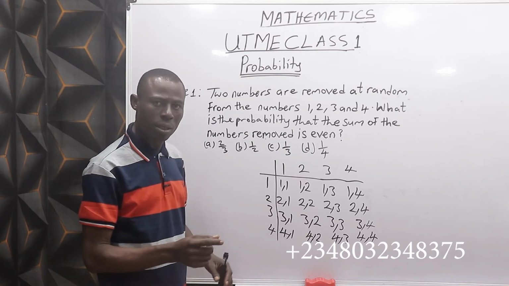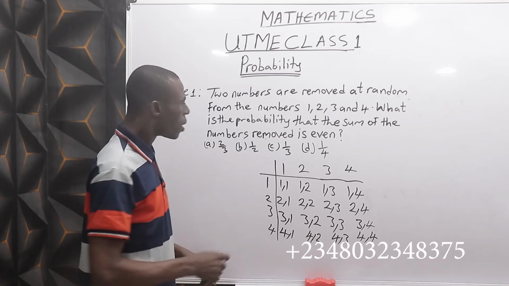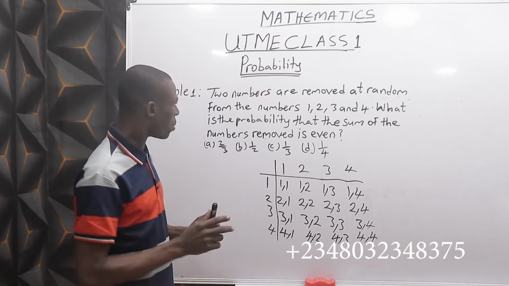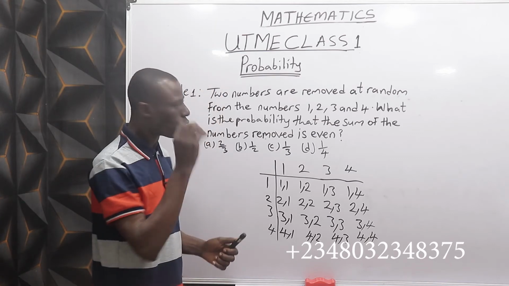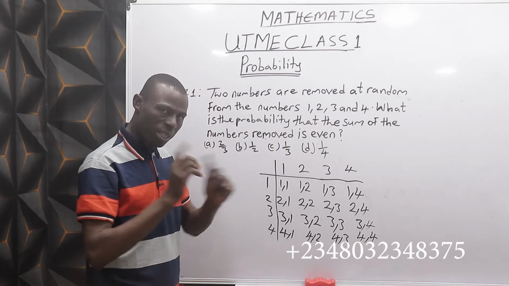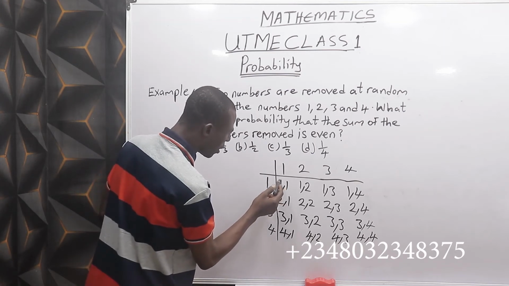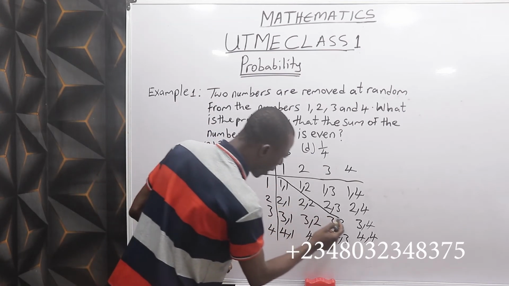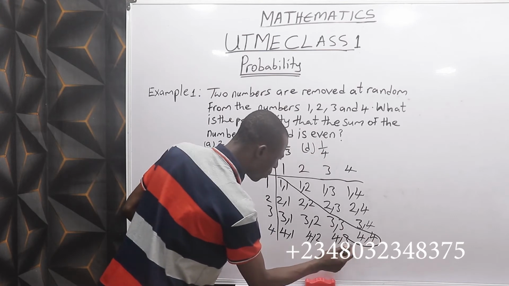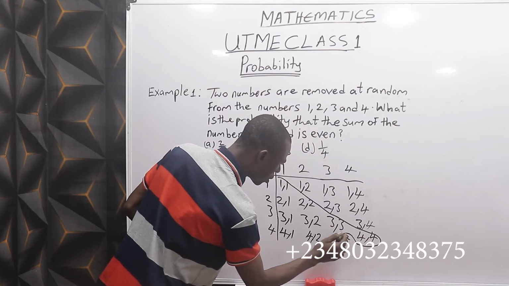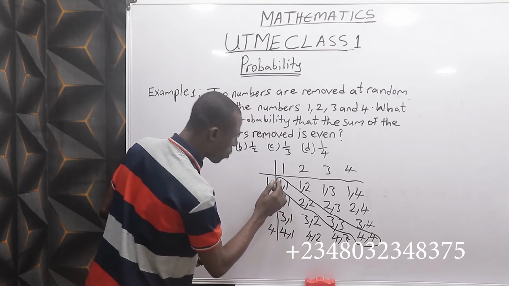It's not 1 and 1, it's not going to be 2 and 2. It must be two different numbers, two numbers out of 4 numbers. That means they must not be the same. So where we have same number must not be tampered with.